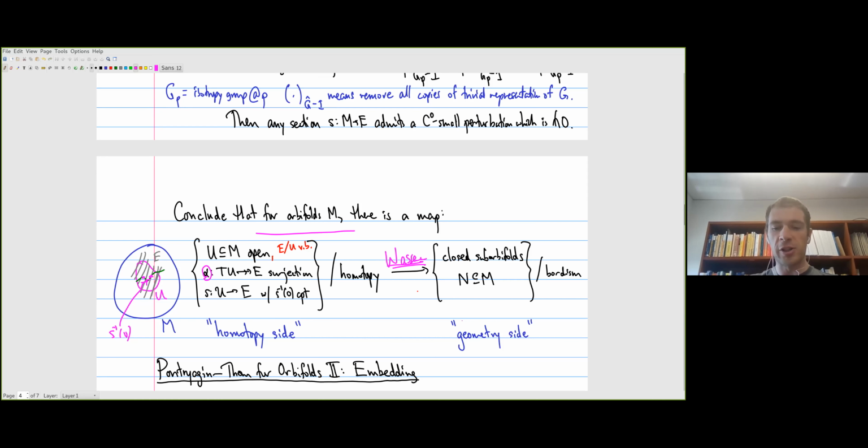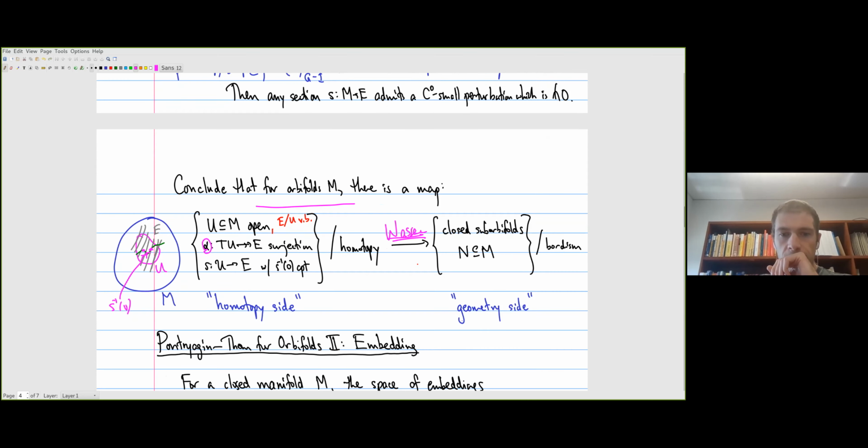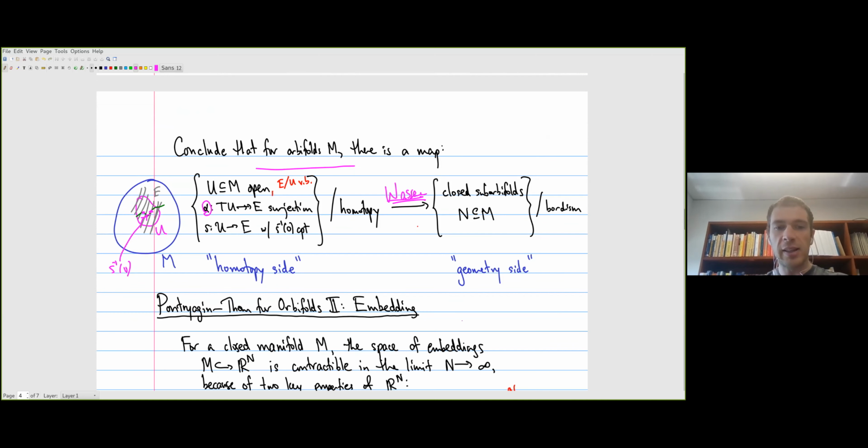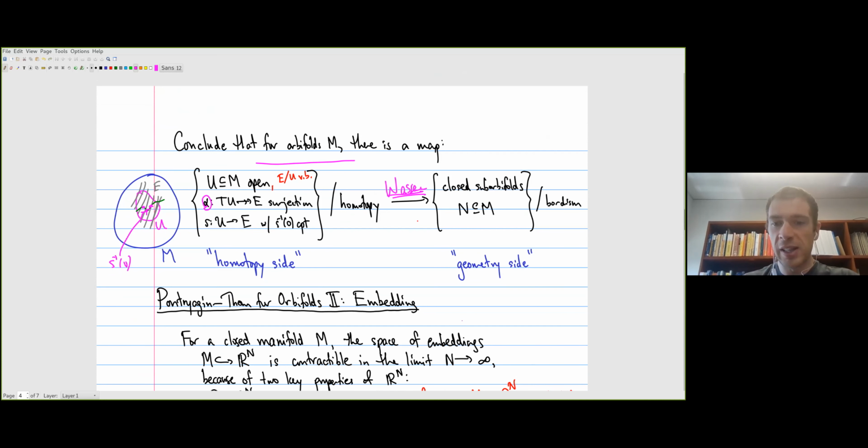The generic smooth function from a closed manifold to R^n will be an embedding provided n is sufficiently large. More precisely, the space of embeddings becomes contractible in the limit as n goes to infinity. So embeddings from M into R^n, we take the direct limit as n goes to infinity, and this is homotopy equivalent to a point.